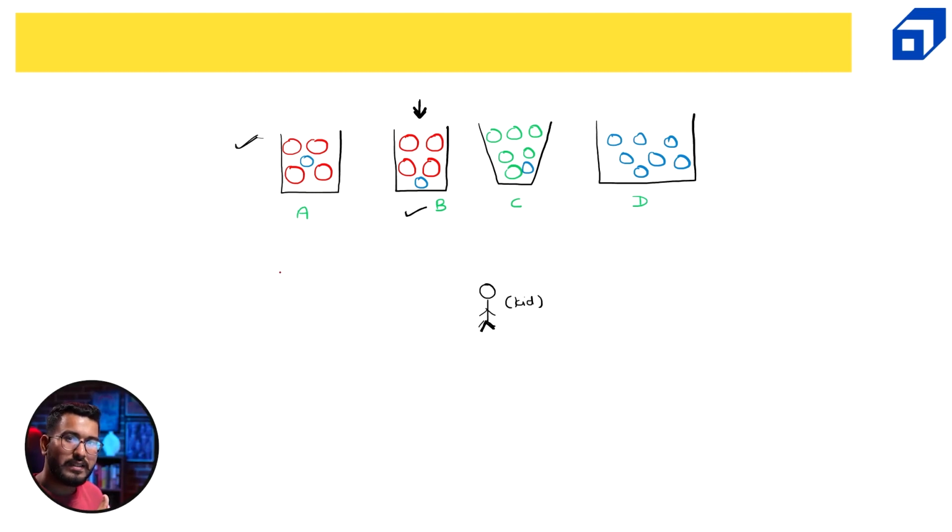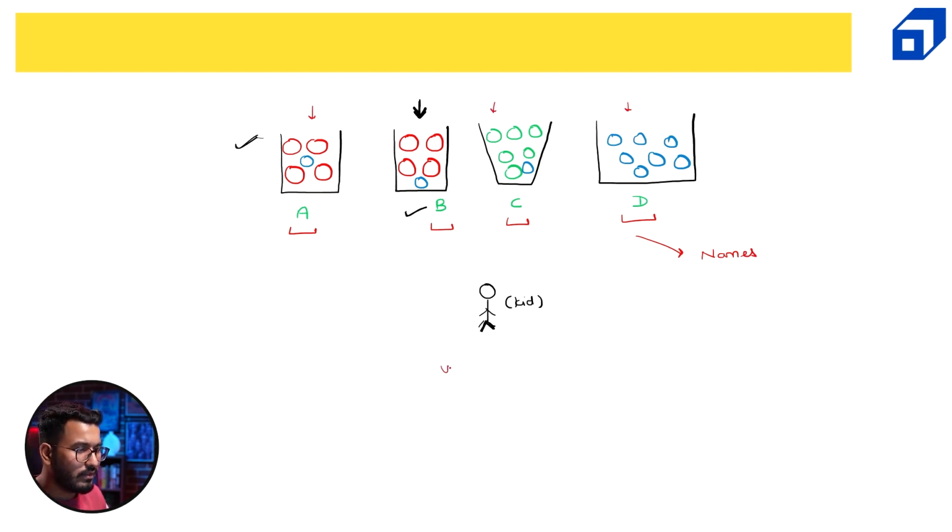A variable is nothing but a name given to a data object or a data item. So here this A, B, C, D, these are my names which we have given to these containers, right?